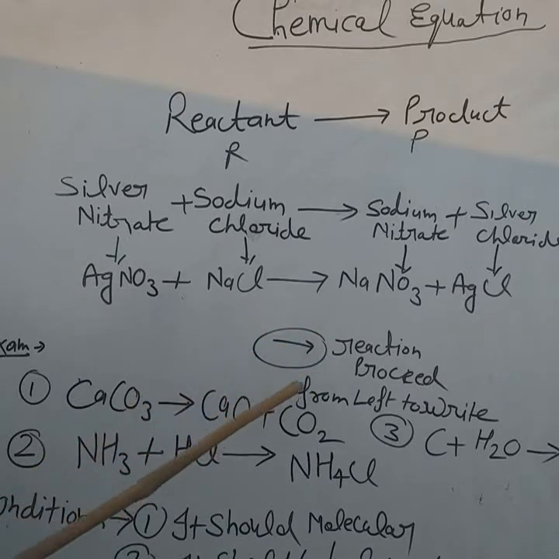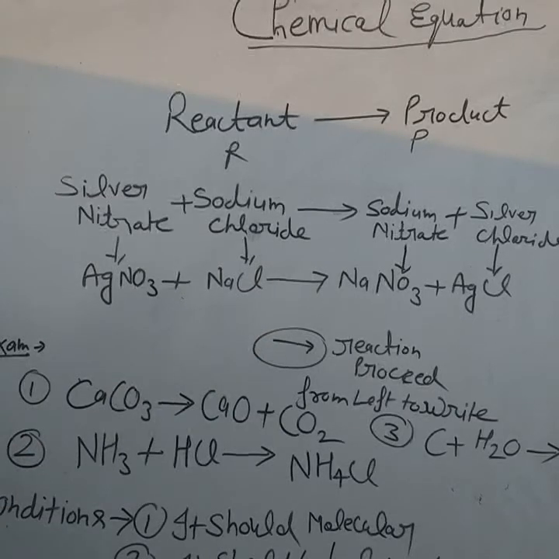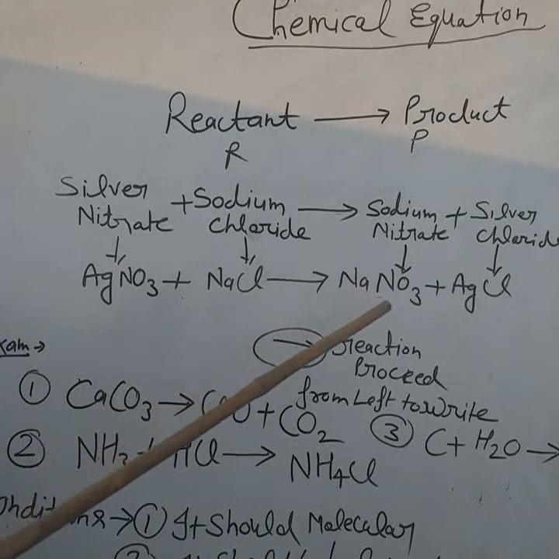This arrow shows the reaction proceeds from left to right, and this reaction is irreversible or non-reversible. Products are not changed back to reactants. The chemical compounds that react are called reactants, and those that are produced are called products.